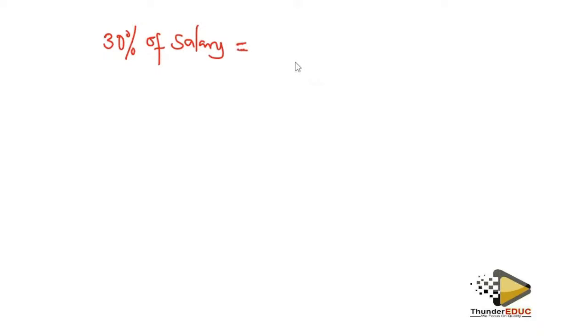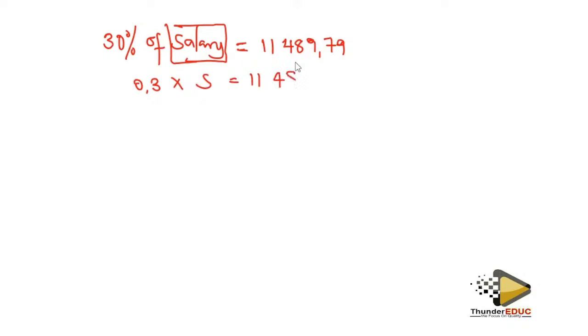But we saw that the monthly repayment in Investec is how much? 11,489 rands 79. So we are looking for this. How much should it be that it gives you this much? So this is the same as 0.3 times the salary should give me this much money.